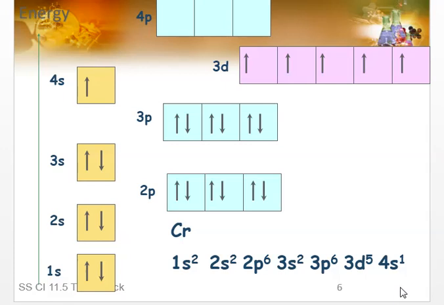In chemistry, this is an abnormal phenomenon, an anomaly for chromium and copper. And during the giving of energy, for chromium, we can write this distribution of electrons in our orbitals.